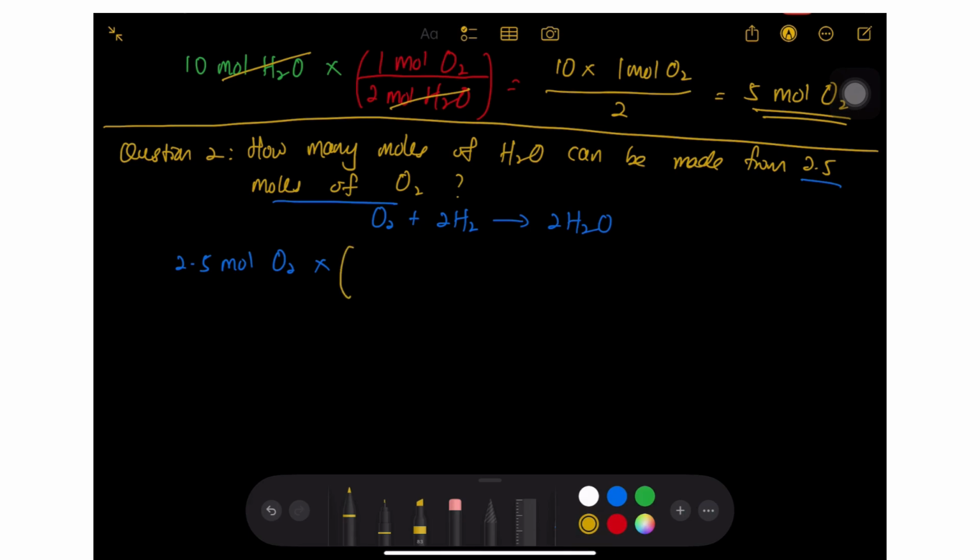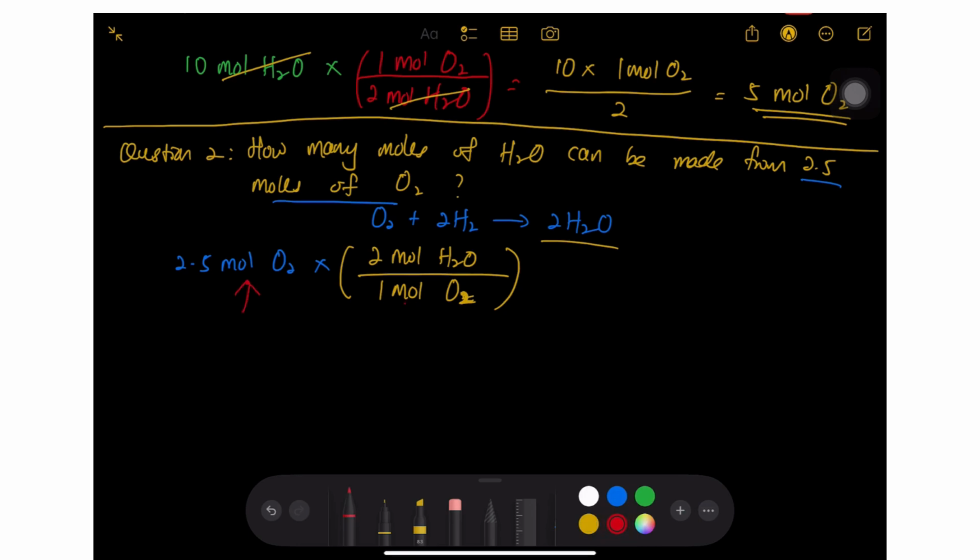And how about the formula? The formula will be 2 mole of H2O divided by 1 mole of oxygen. We will arrange the oxygen down because later we need to cancel it. We need to cancel with this.